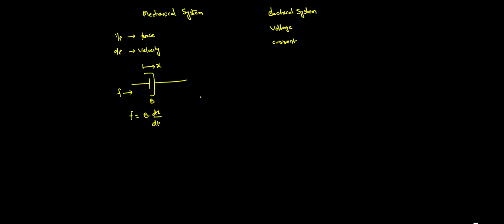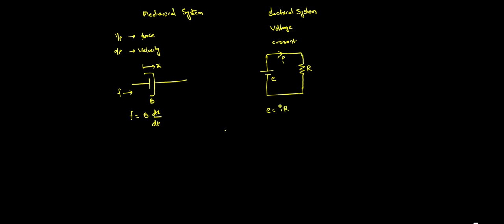Similarly, what is analogous in electrical systems? The force is replaced by a voltage source, and the friction coefficient is analogous to the resistance, right? Now the current is I and the voltage is E, so E is equal to I into R.